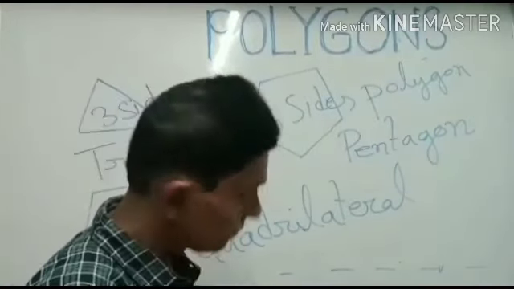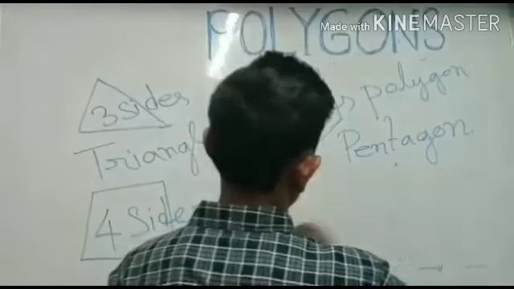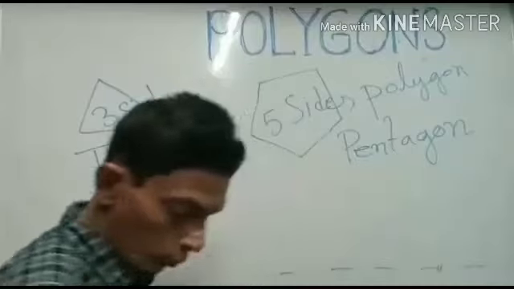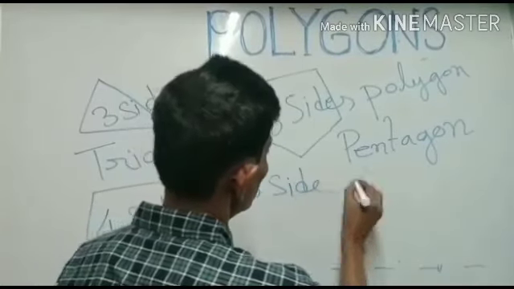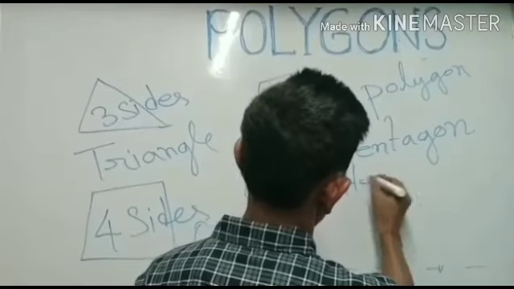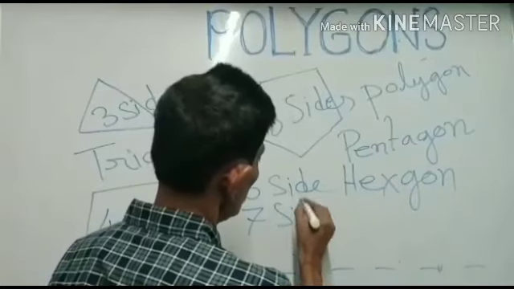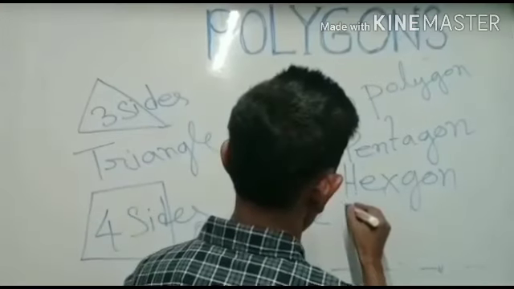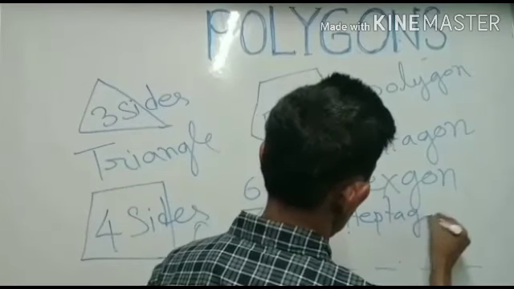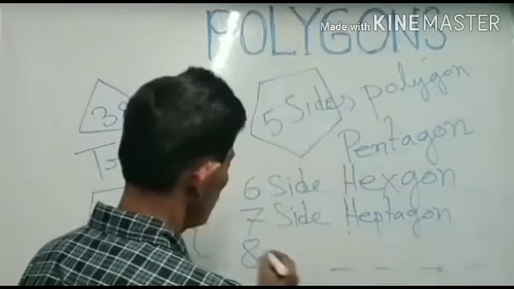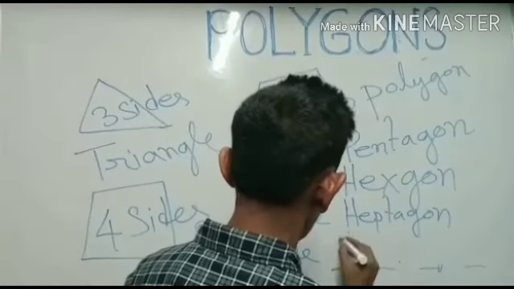Six sides, no need to draw more, I will just write six sides, hexagon. A seven side polygon is a heptagon. An eight side polygon is an octagon.